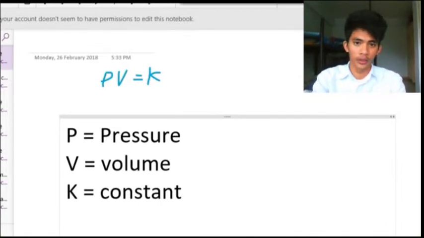So that's it. This has become a basic principle in chemistry, now called Boyle's law, and is included as a special case into the more general ideal gas law.